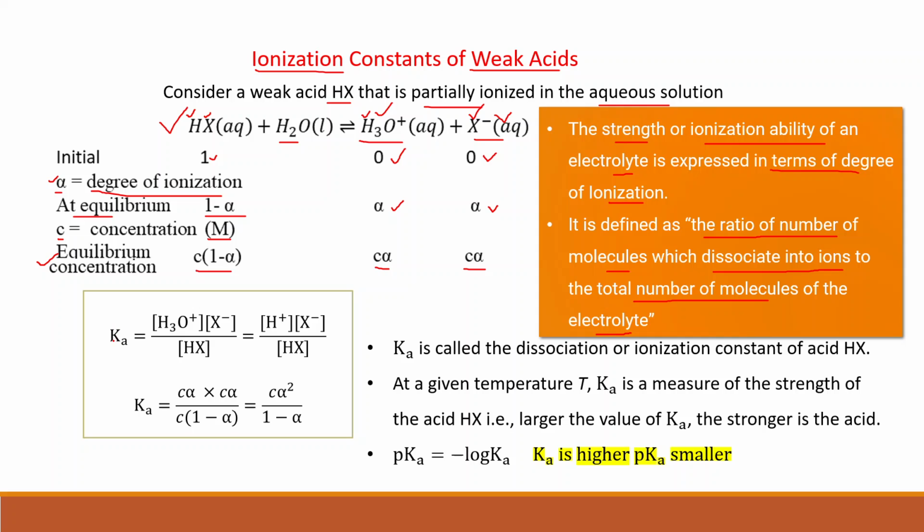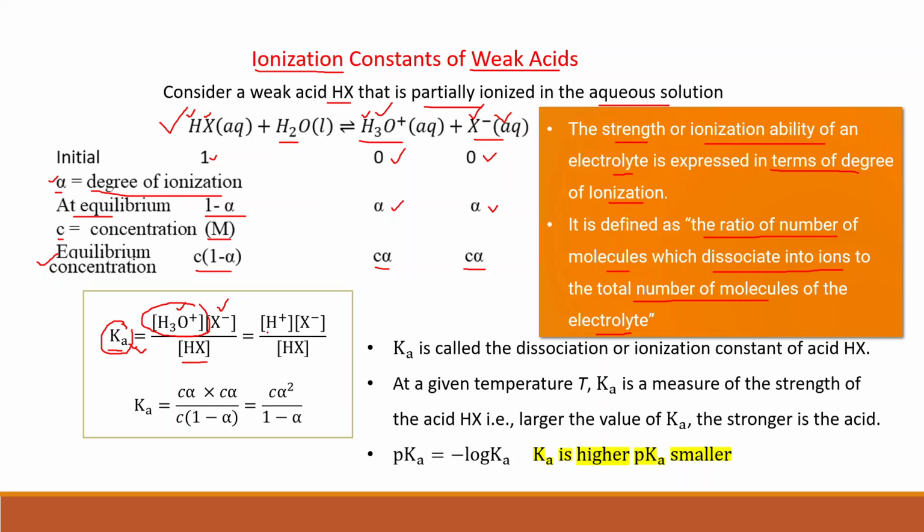This represents the ionization of a weak acid, so we use Ka, where A is for acid, and this Ka is called the dissociation or ionization constant of the acid. It is the concentration of H3O+ multiplied by the concentration of X- divided by the concentration of HX. This H3O+, the hydronium ion, can also be written as the hydrogen ion.